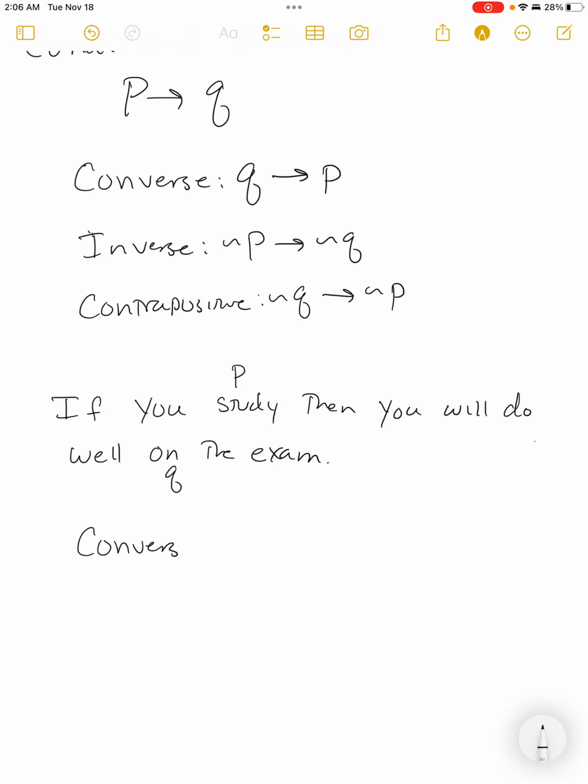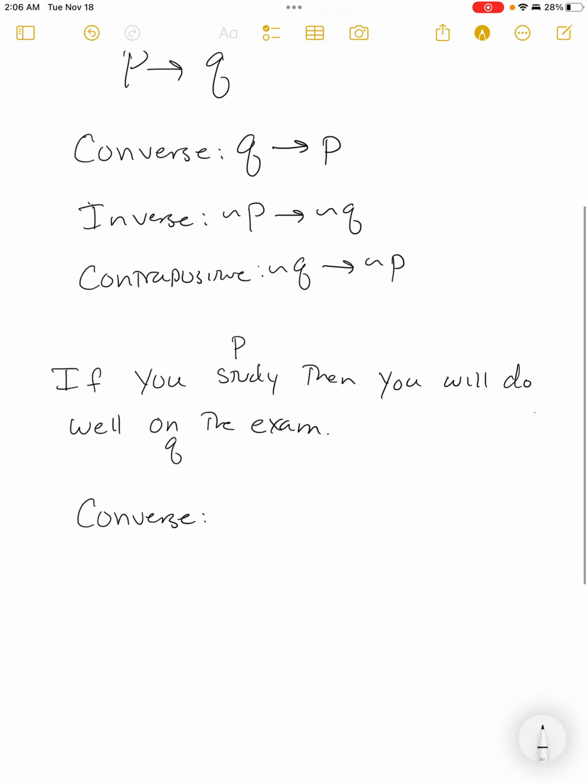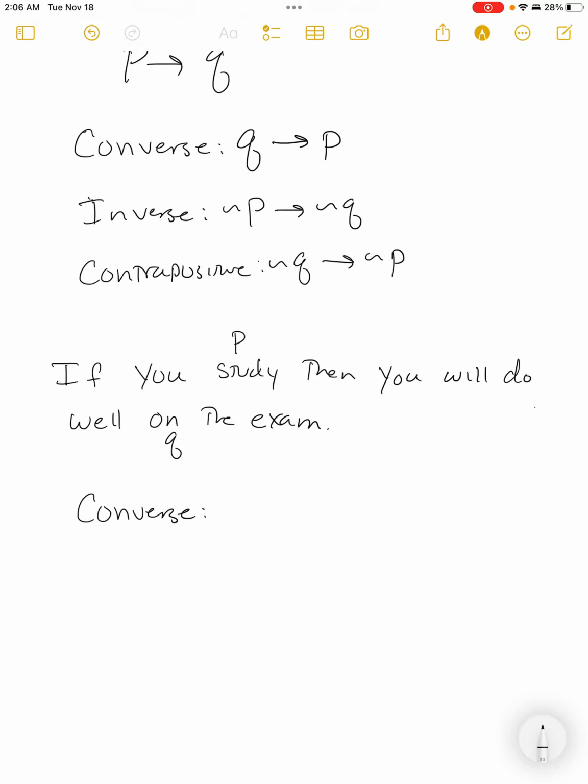Then they'll ask you, well, write out in words the converse. So what is the converse? Well, what the converse does is it inverts the two. And it says, if you do well on the exam, then you studied. Right? So notice that it can take on different tense there.